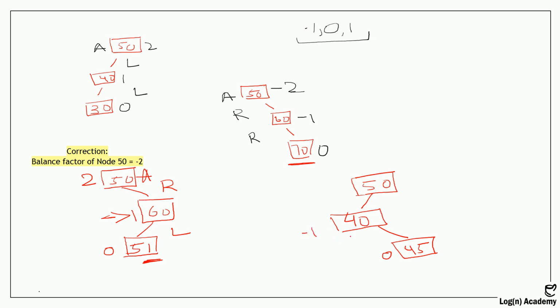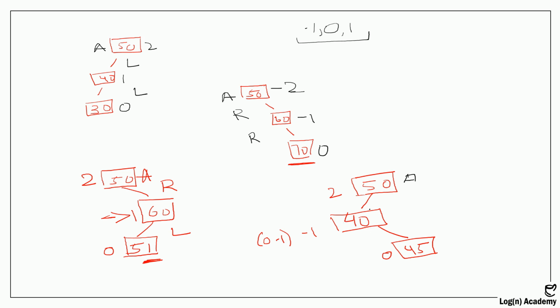Because we do not have anything on the left hand side, so it's 0 minus 1. And for 50, it's 2. So this is the A. You can mark it as A because it contains a value which is neither 0, nor 1, nor minus 1.